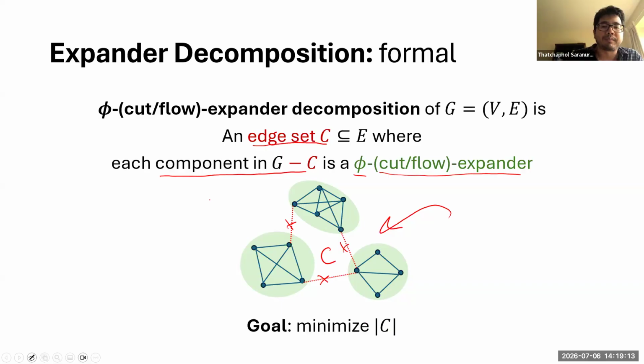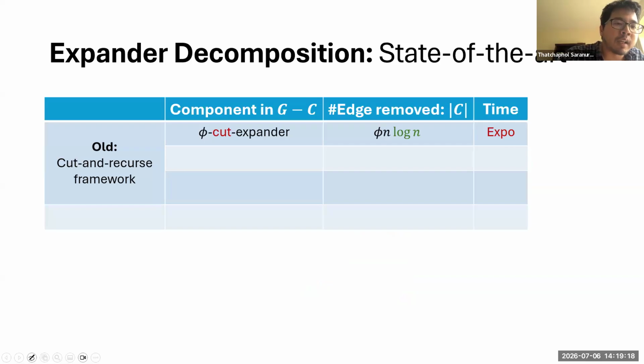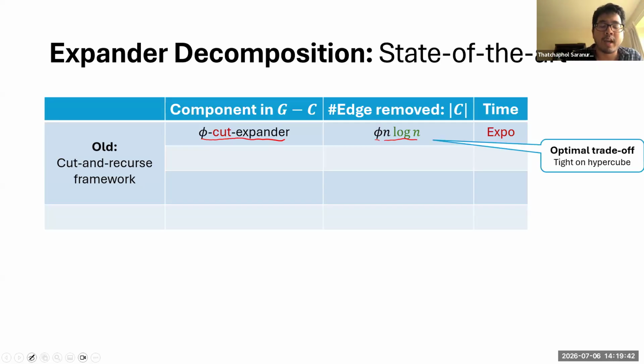So what do we know about this? First, if you want a cut expander decomposition where every component is a phi cut expander, we know that it's enough to remove phi times m log n edges so that every component is a phi cut expander. This takes exponential time, but this is optimal. At least it's tight on some graphs like the hypercube. You may ask, can we improve this exponential runtime?